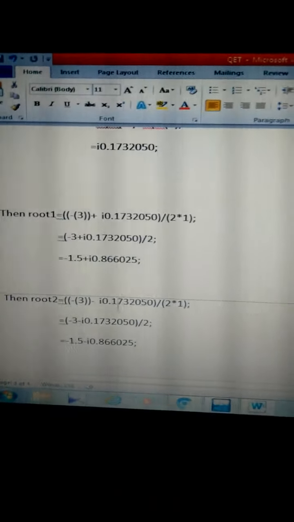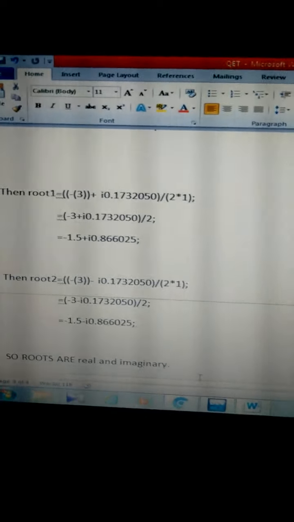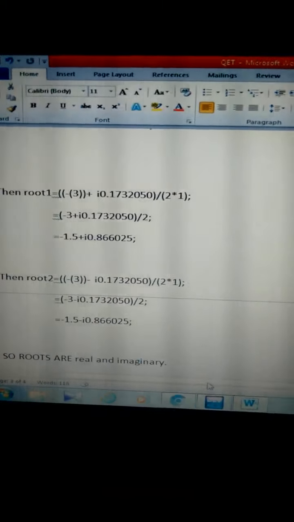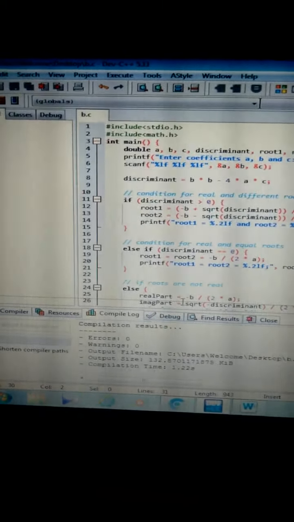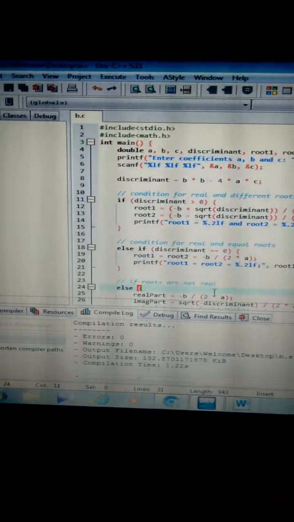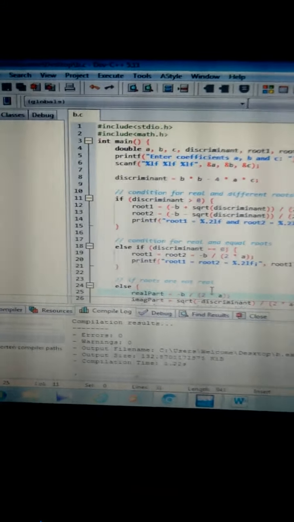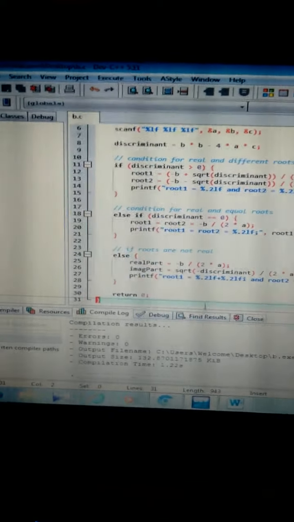Here roots are real and imaginary. Sorry, roots are not real, meaning imaginary i comes here. So these are not real values; we get imaginary roots.